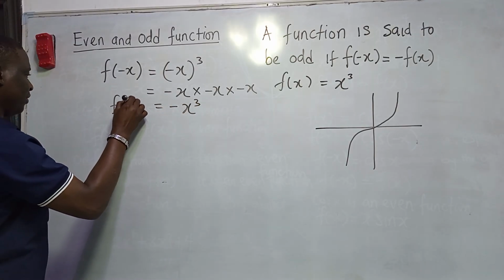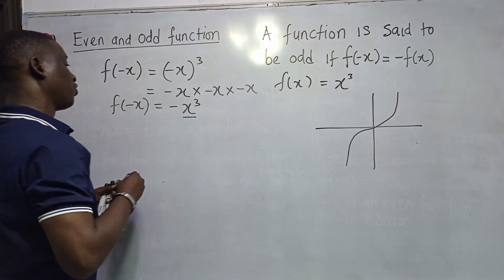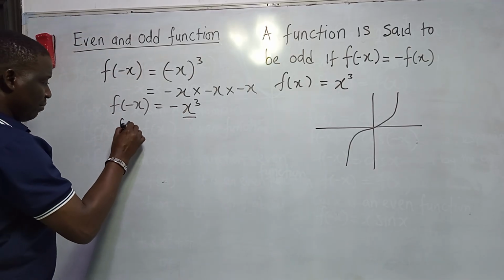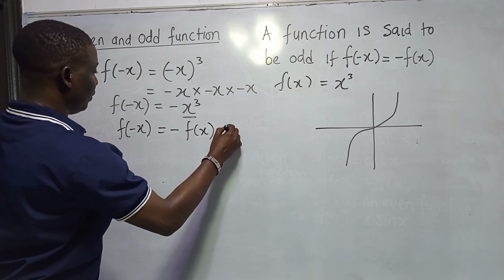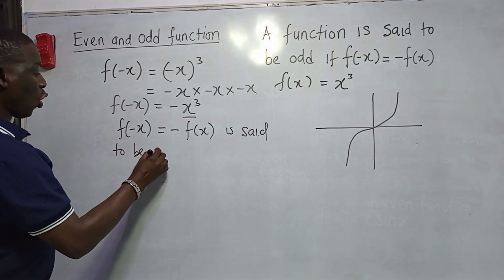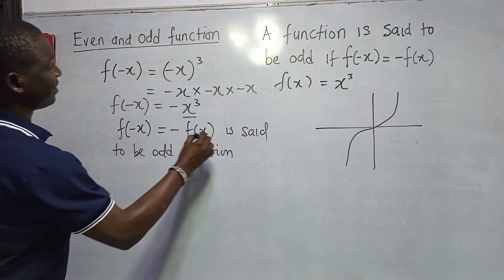Now, don't forget x cube originally is f of x. So let us replace this one with f of x. So you have f of minus x equal to minus f of x. So it's said to be an odd function.